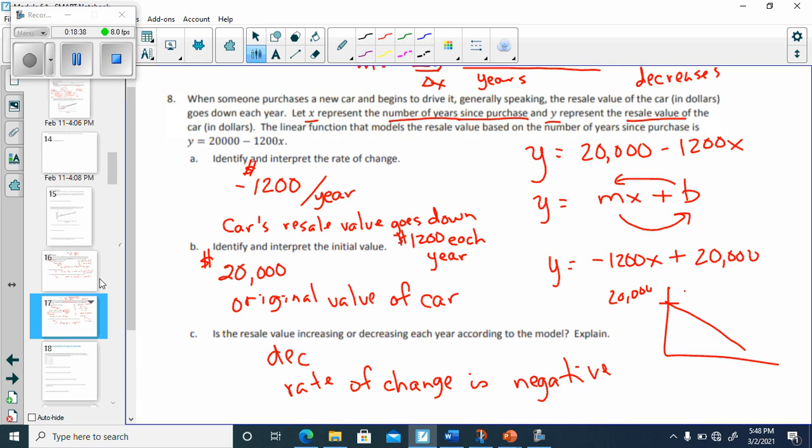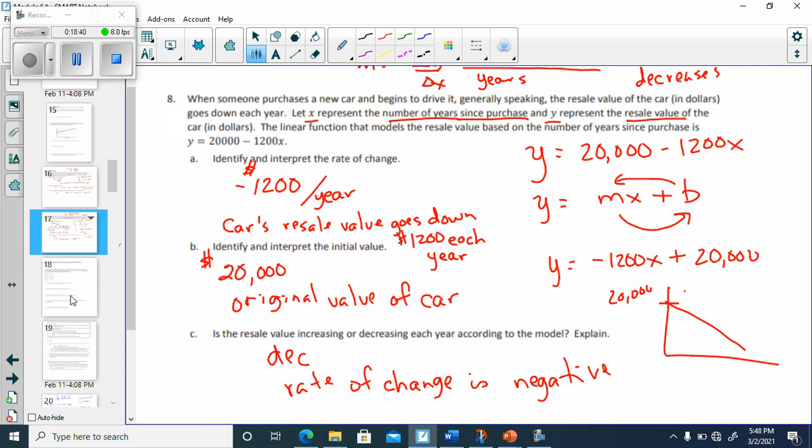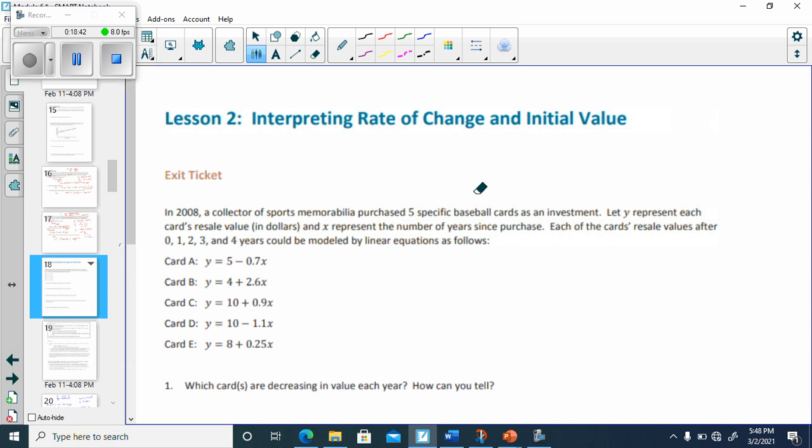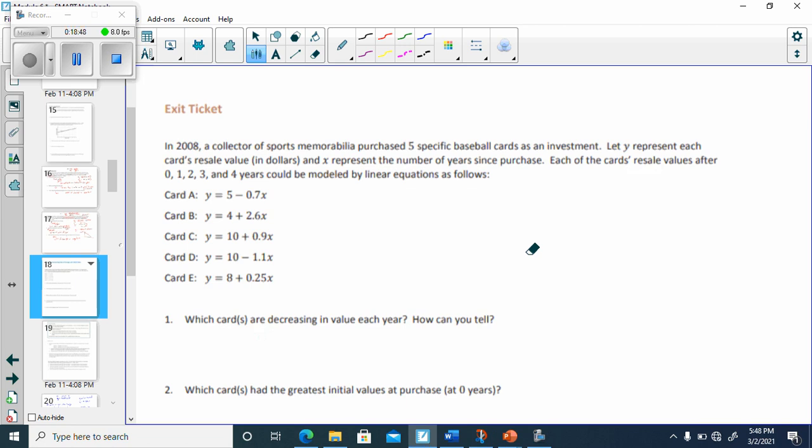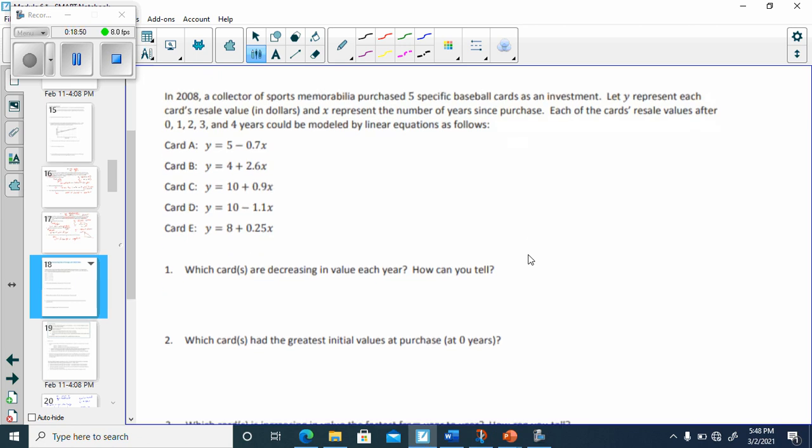Okay? All right. Now we're going to look at the exit ticket for this particular unit. It says in 2008, a collector of sports memorabilia purchased 5 baseball cards as an investment. Let Y represent the card's resale value.